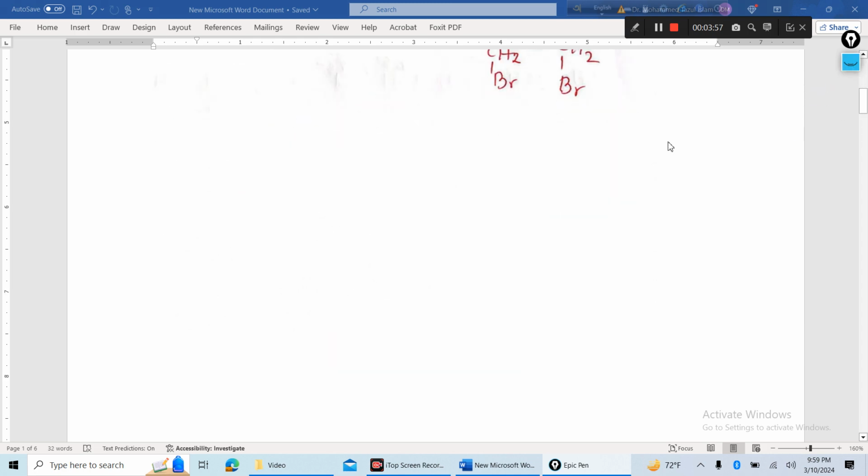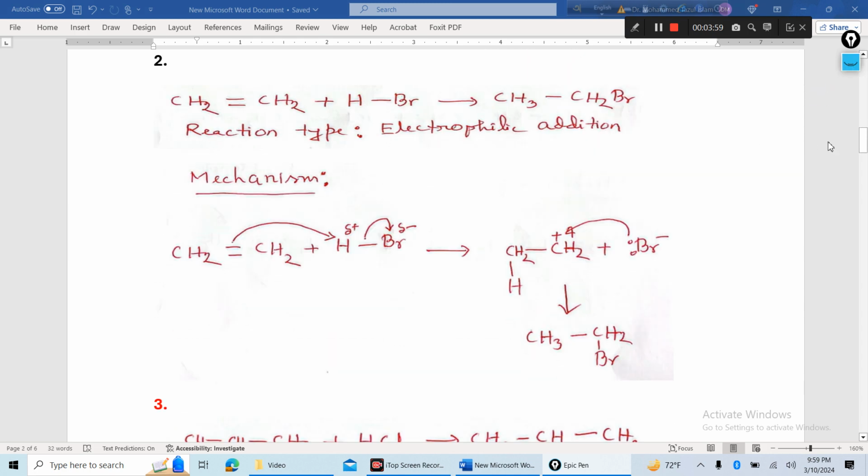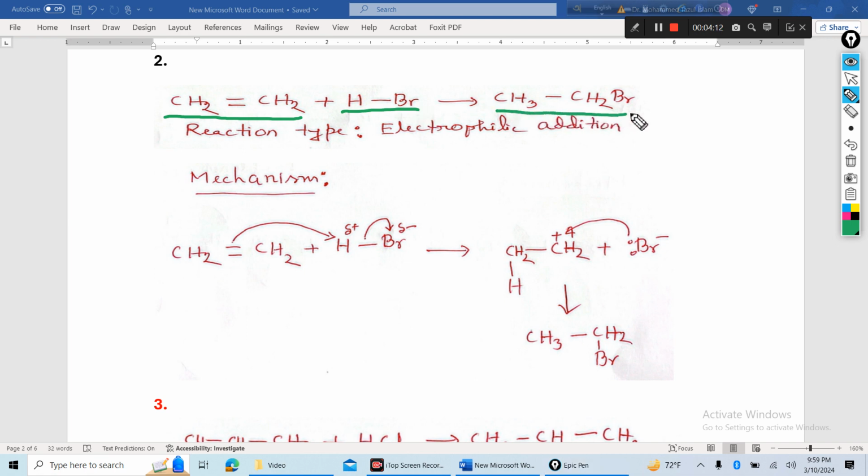Now number 2. You see, this is also ethene, a 2-carbon alkene. Ethene reacts with hydrogen bromide to produce bromoethane or ethyl bromide. This reaction type is also electrophilic addition reaction.